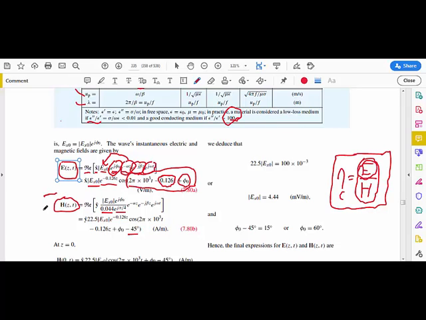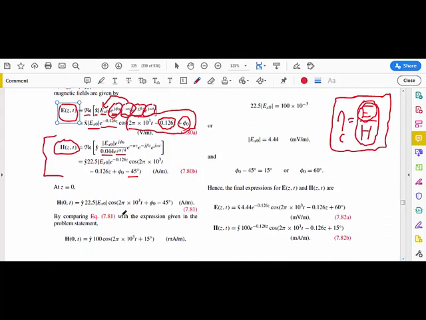So the magnetic field will be the key because we already have information about the magnetic field at z equals 0. At z equal to 0, we know the magnetic field is equal to the previous expression. So we could equate the expression given in the question with this expression at z equal to 0.